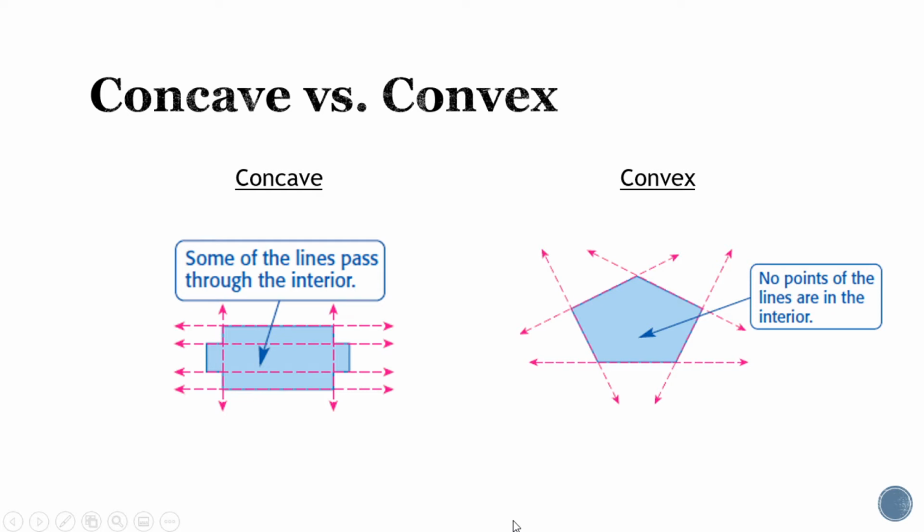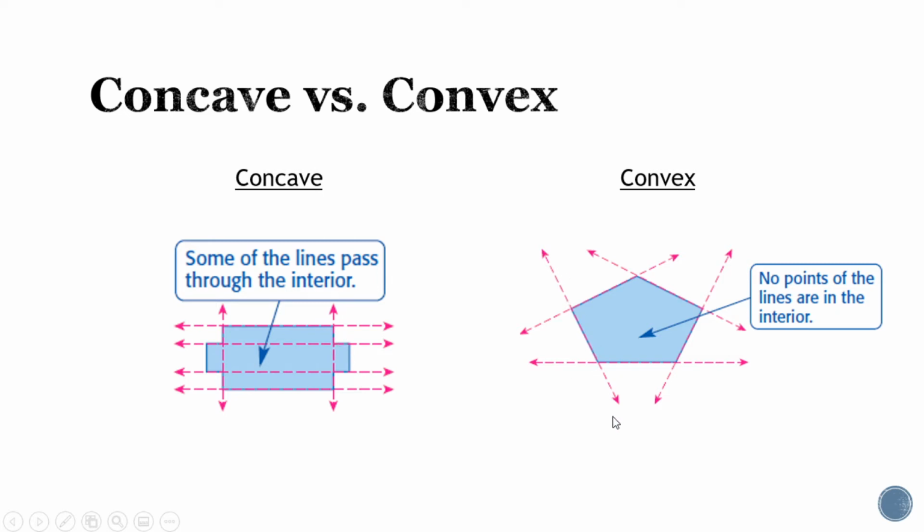Concave versus convex. So concave implies that lines are going to pass through also the interior. So if you made a line from endpoint to endpoint, it'll also pass through the interior. So this is still a polygon, but it's a polygon that is concave. Notice the angles that you're going to see.